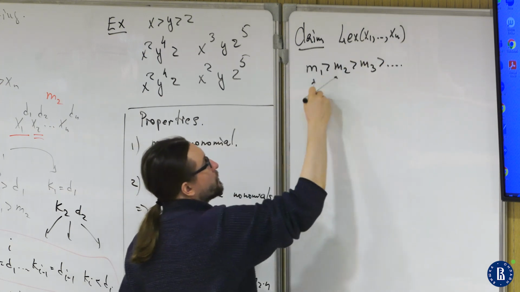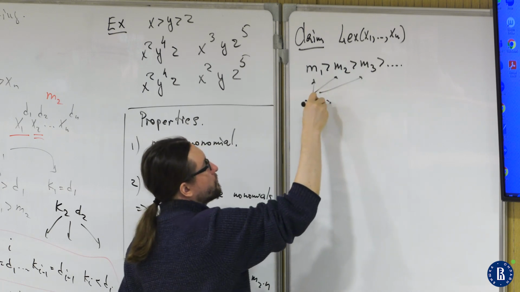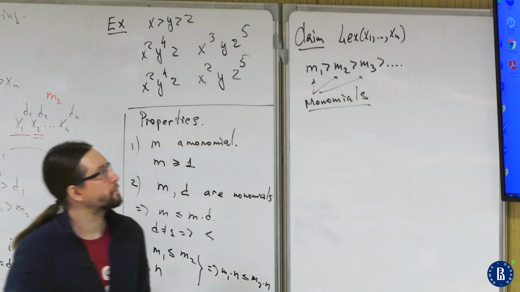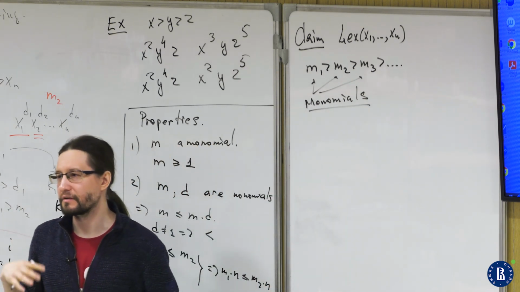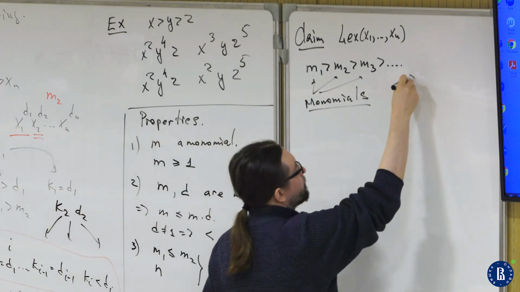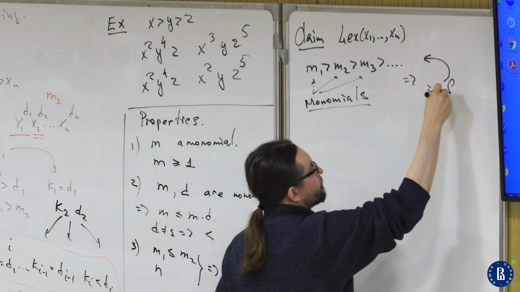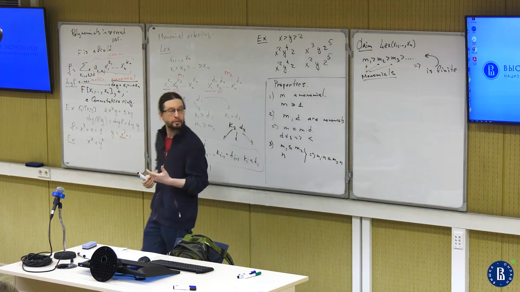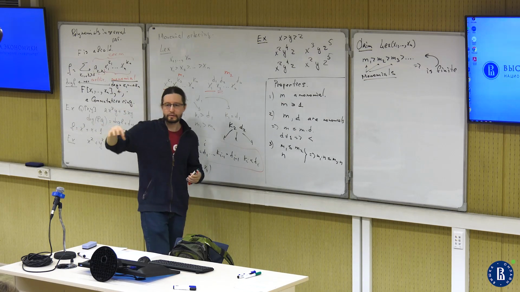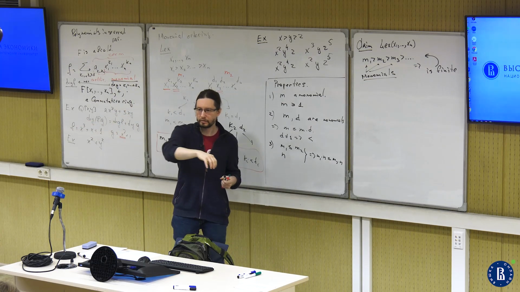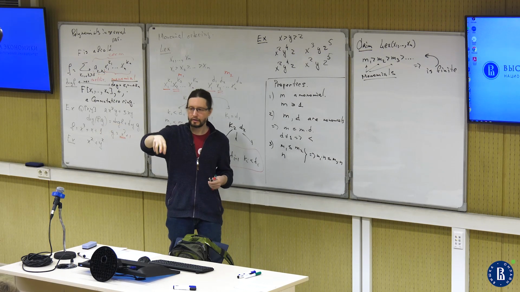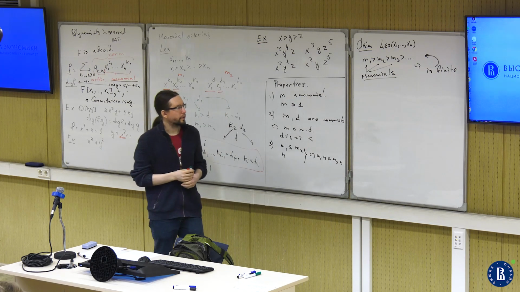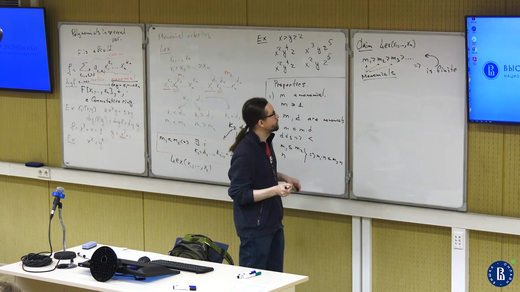Then this sequence must be finite. So it's impossible to find an infinite descending sequence of monomials. If you have a descending sequence, at some point it must stop. Okay, so let me prove it.